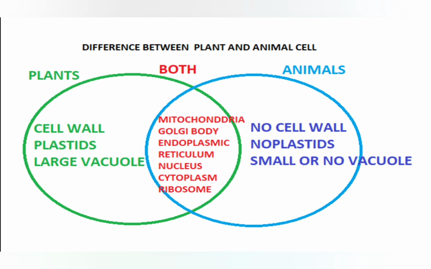These structures are present in plants and also in animals. The structures which are exclusively present in the plant cell are the cell wall, plastid and a large vacuole, and these structures are absent in the animal cell. So this is how you can differentiate between plant cell and animal cell.